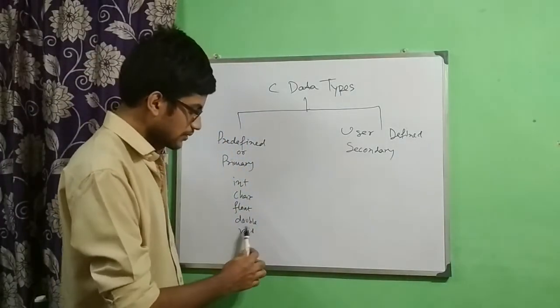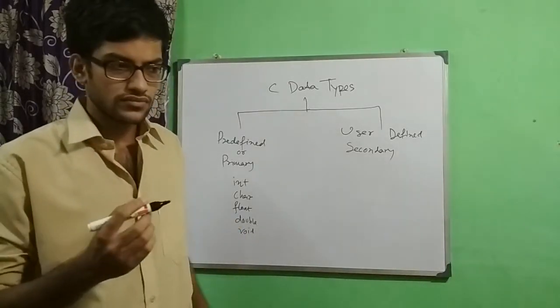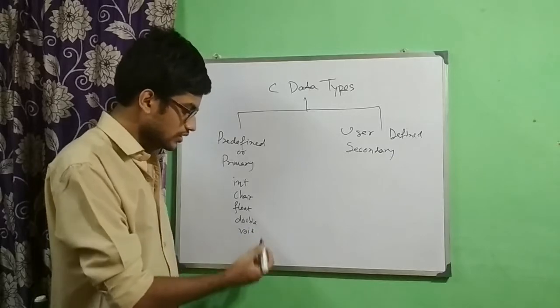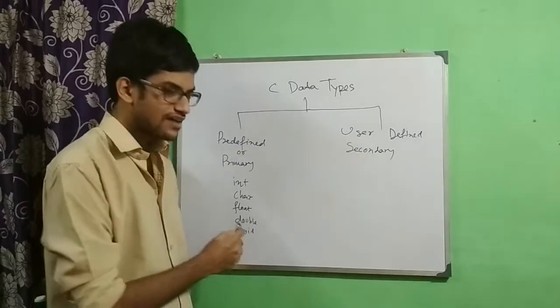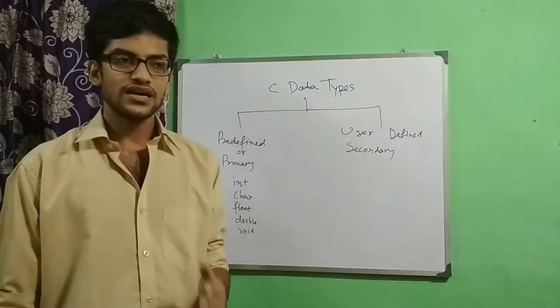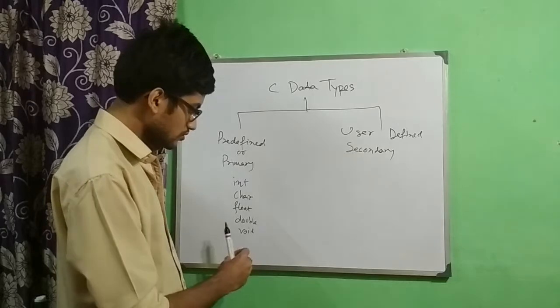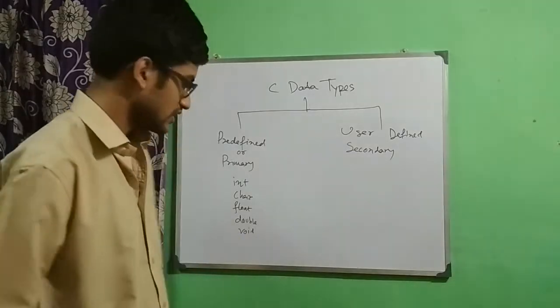Double does the same thing but in a different way. The only difference between float and double is that it will have more storage. I will tell you what that is later. For now, just know that float and double are the same thing.